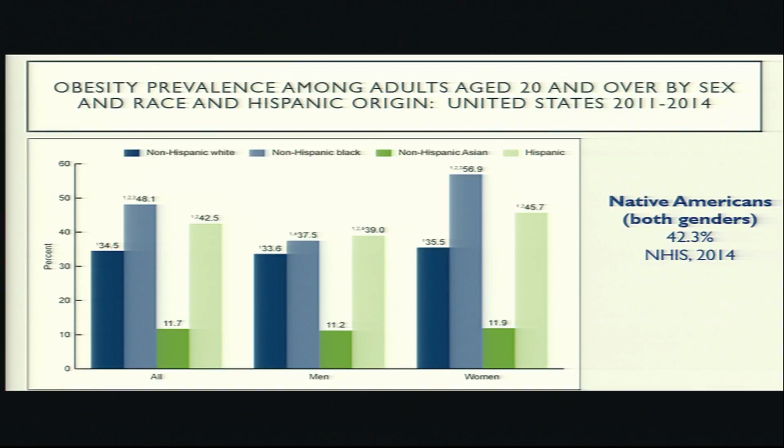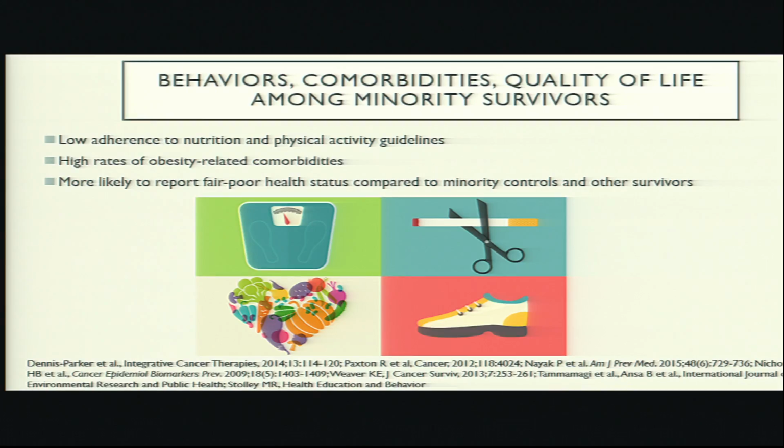There are also disparities within men. And Native Americans, they did not have by gender, at least I couldn't find it easily, you see a rate of 42.3%. So it shows that there's a huge problem of obesity within our minority communities.